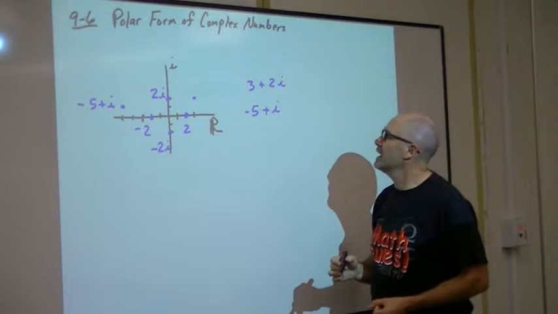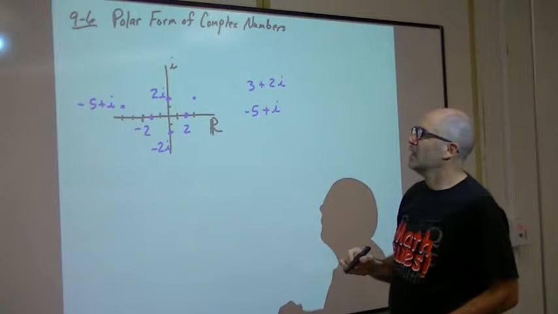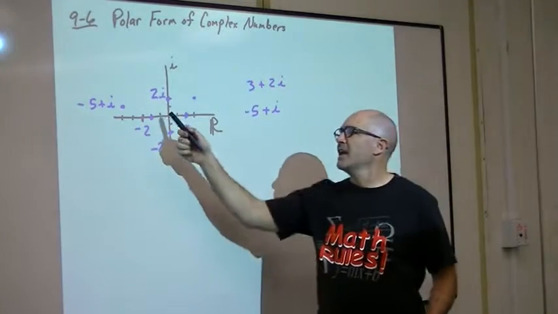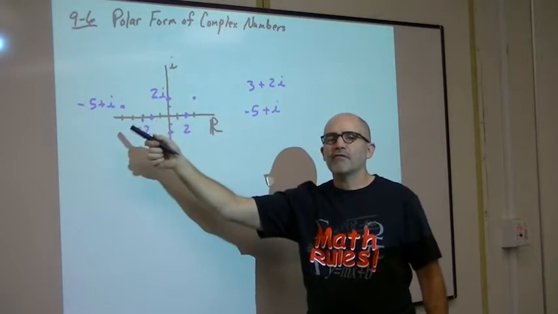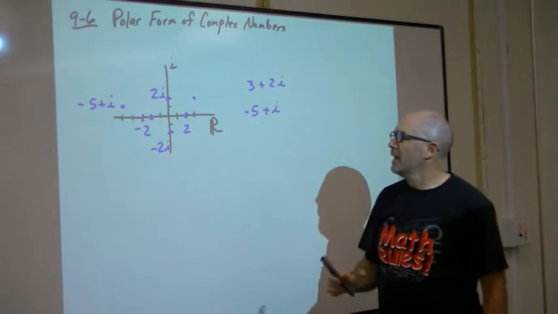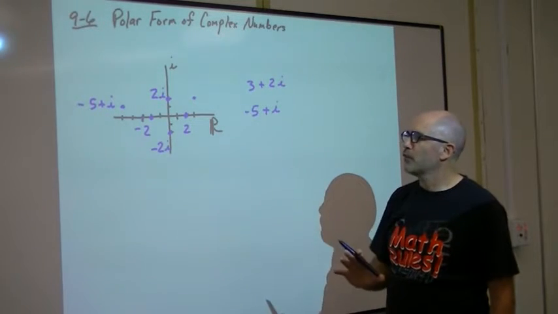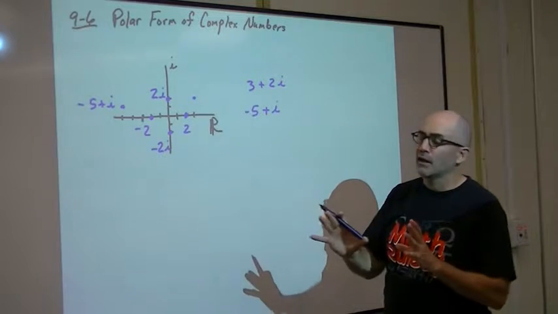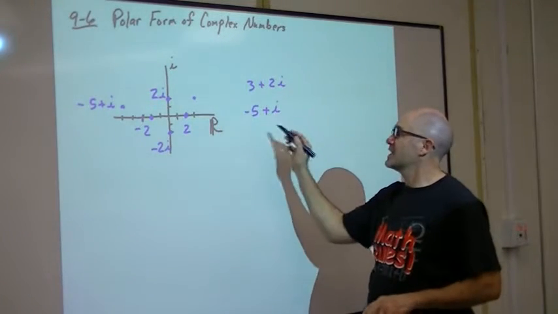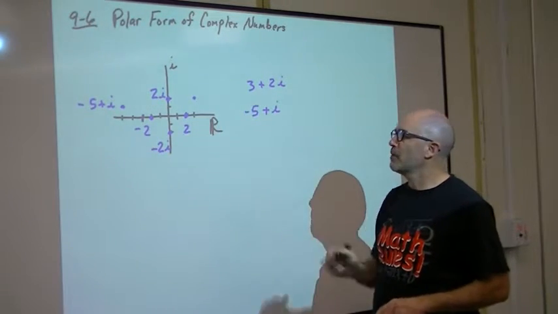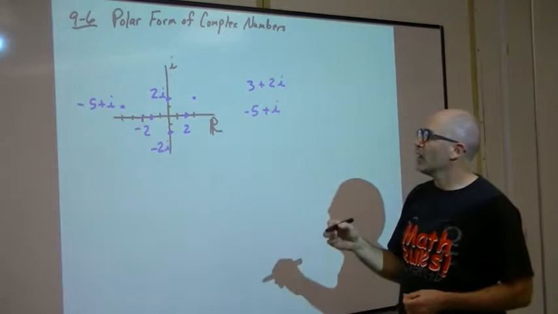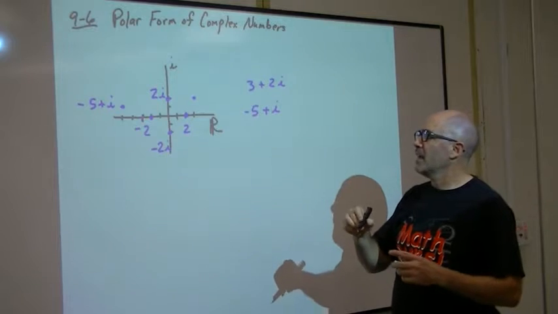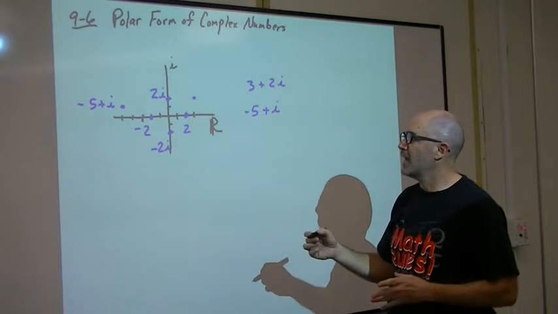So basically what we're doing here is instead of saying negative 5 comma 1, we're just saying negative 5 plus i. Well, I'm sorry. These are rectangular forms of complex numbers. Now if I want the polar form, then all I want is the magnitude and the angle.